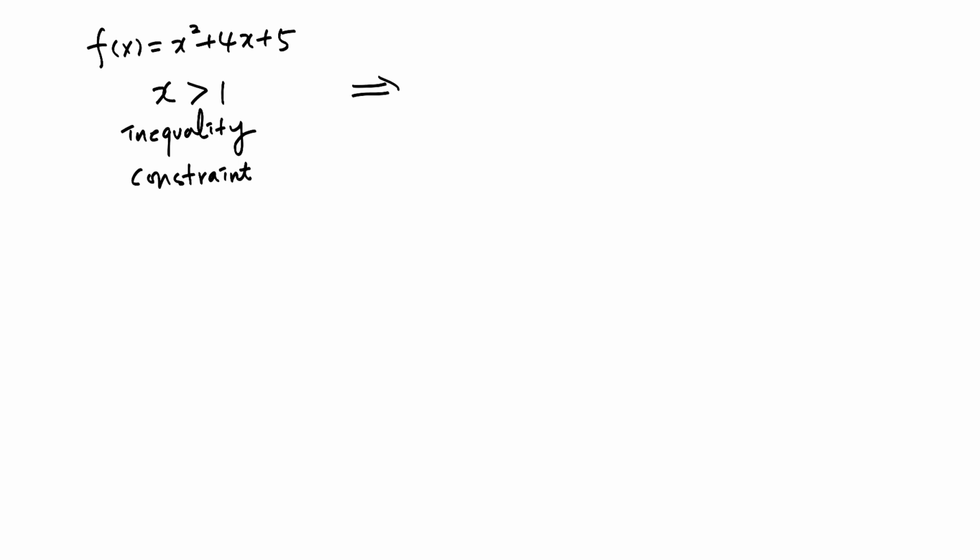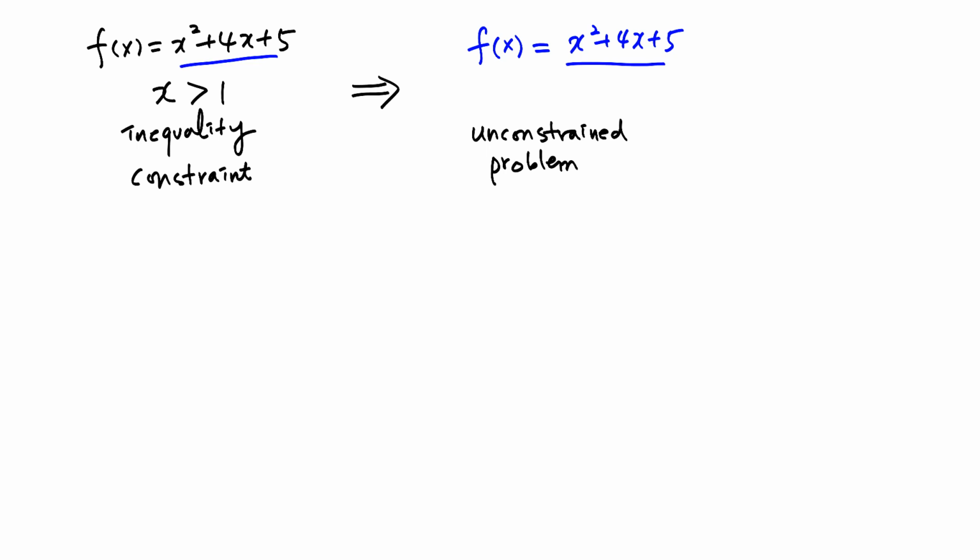Now we have this function f(x) is equal to x squared plus 4x plus 5. We have inequality constraint, which is x is greater than 1. And we want to convert this into unconstrained problem so that we can use the gradient descent or the Newton's method. Let's have blue color for this function, which has this part identical as this f function in black, but we have another term here, negative b log base e of x minus 1.